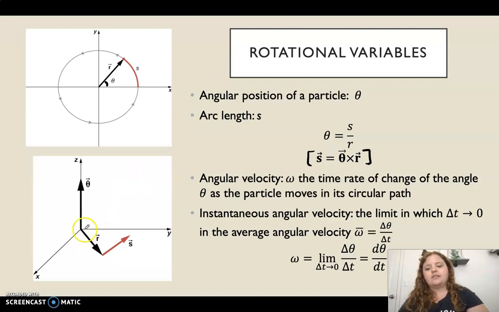And so it's kind of in between X and Y coming at us. So I'm going to go ahead and make my hand go right here and then cross this way. And then whatever way your thumb is pointing is going to be your result. Okay, so my S bar is then in this direction.